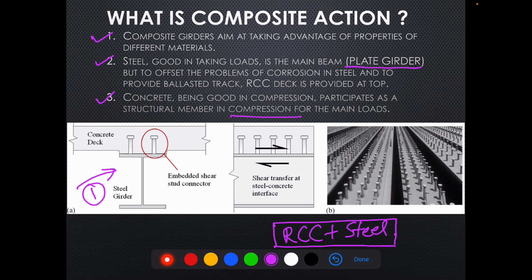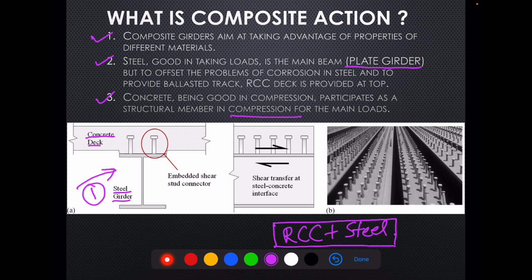Here, this is the concrete deck and this is the steel girder. So how to combine these two? It should be combined in such a way that both the structural elements behave in unison. To achieve this, we have to provide embedded shear stud connectors.